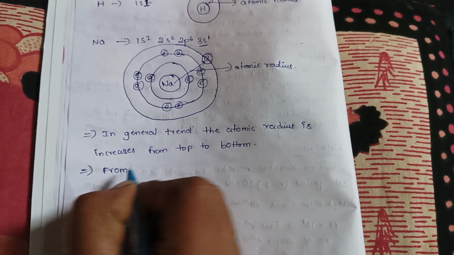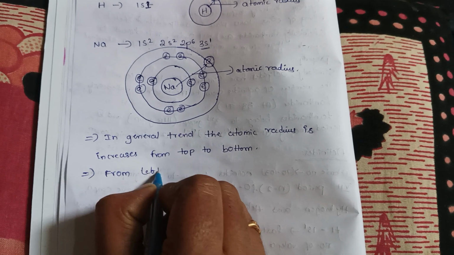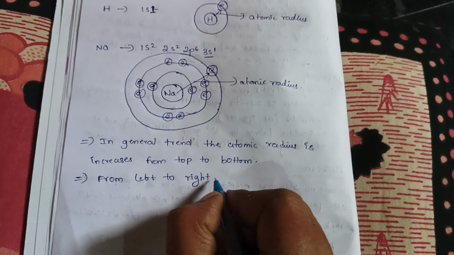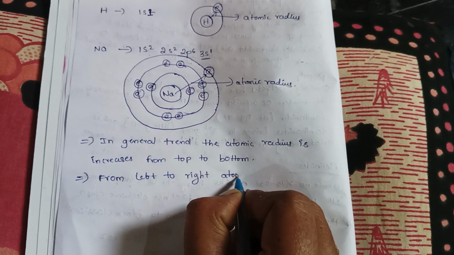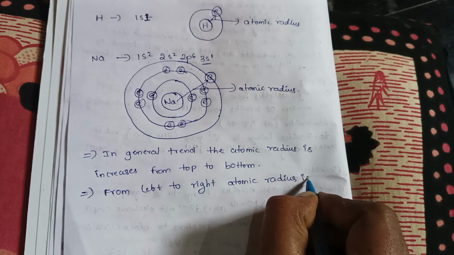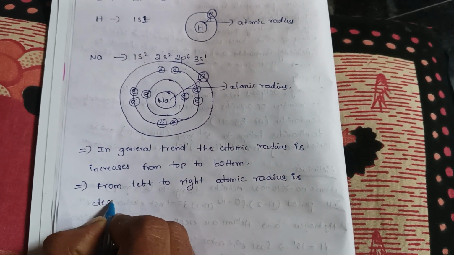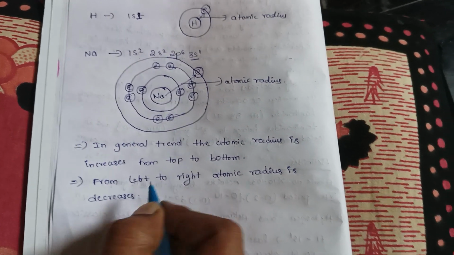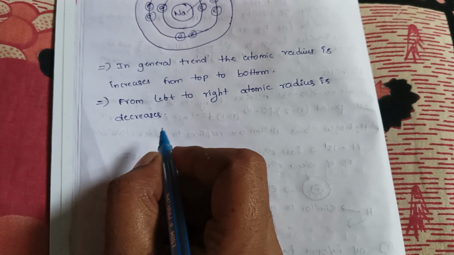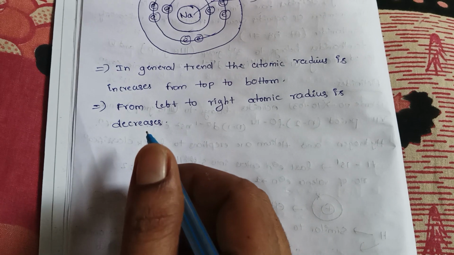From left to right, atomic radius decreases. Why? Let's look at some examples.